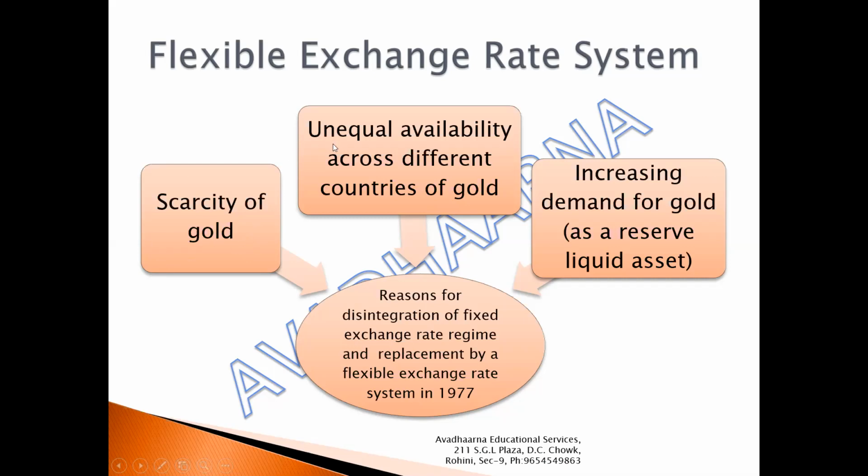Then unequal availability of gold across different countries and increasing demand for gold as a reserve liquid asset. Because of these three reasons, we shifted from fixed exchange rate system to flexible exchange rate system.